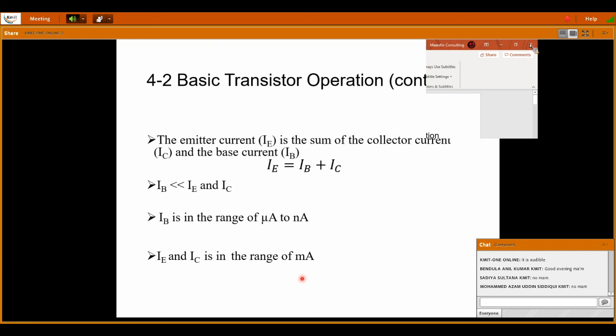Okay, let me wind up for today. Tomorrow we will discuss the configurations as well as the biasing techniques, and which biasing technique is more preferable out of the three. Okay, if you're done with this, you could log out and tomorrow we'll continue.